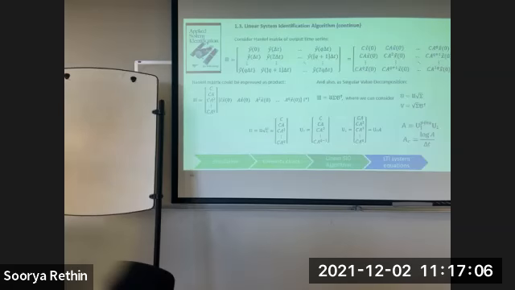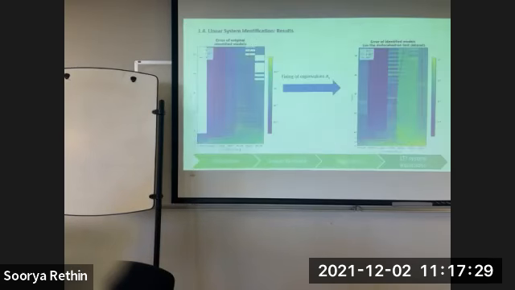We form the Hankel matrix of these outputs, and we see that this matrix has this structure of a product, and we can perform singular value decomposition and find these matrices. Let's go to the results, which are probably the most interesting in the first part.